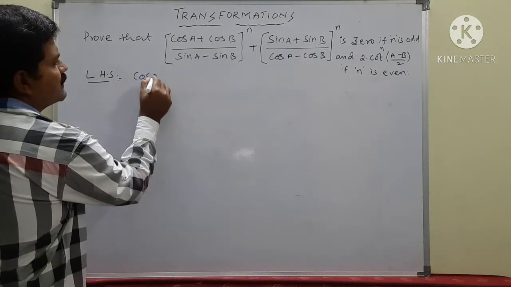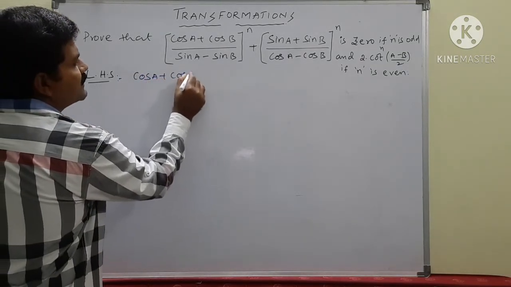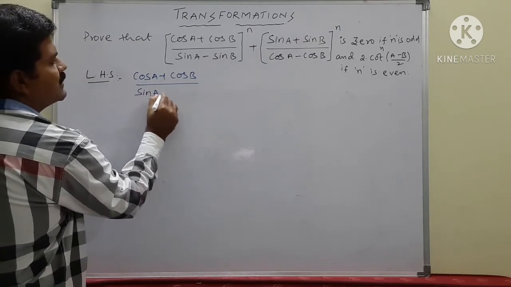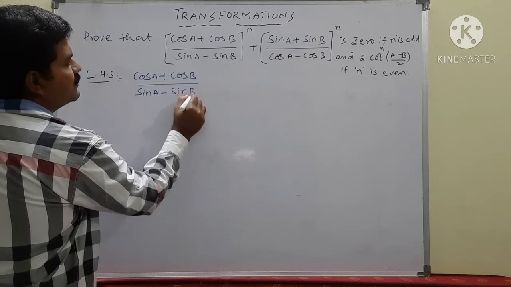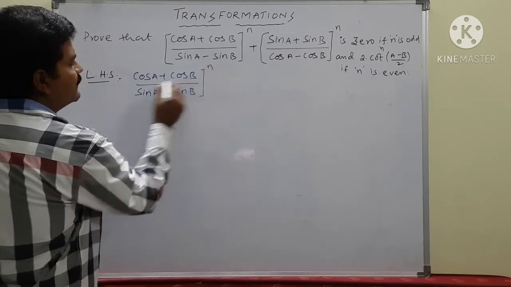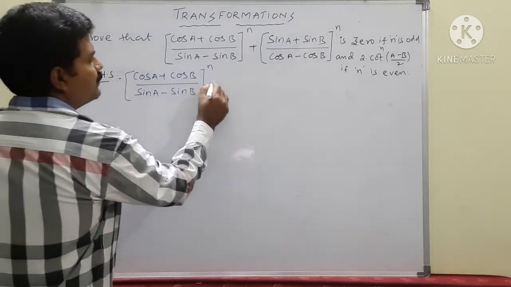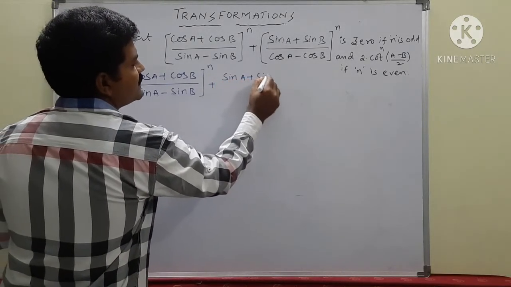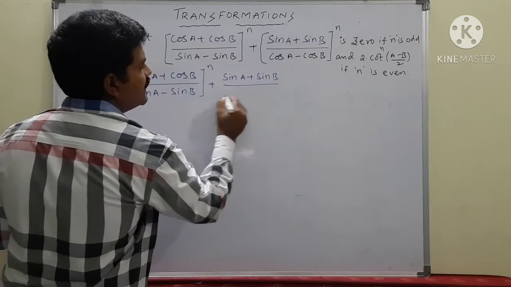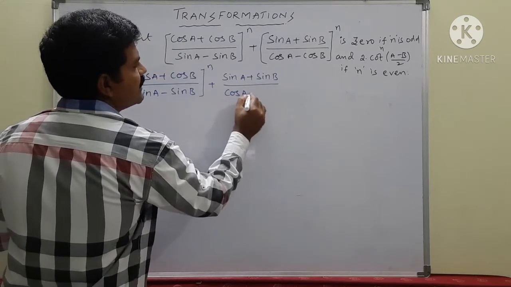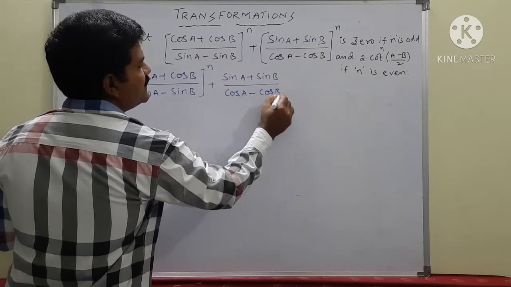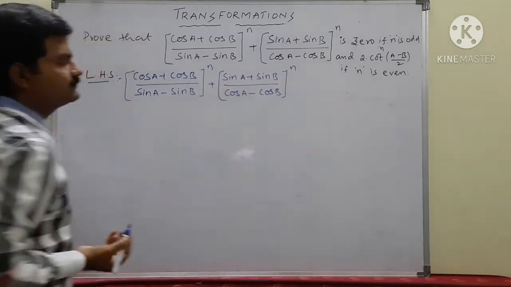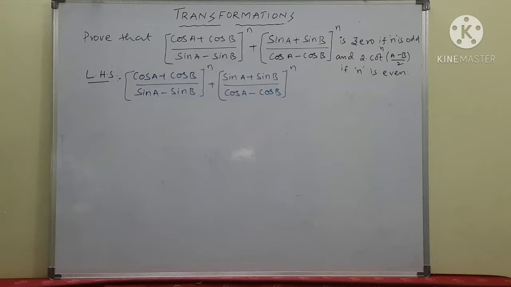(Cos A plus cos B by sin A minus sin B) whole to the power of n plus (sin A plus sin B divided by cos A minus cos B) whole to the power of n.